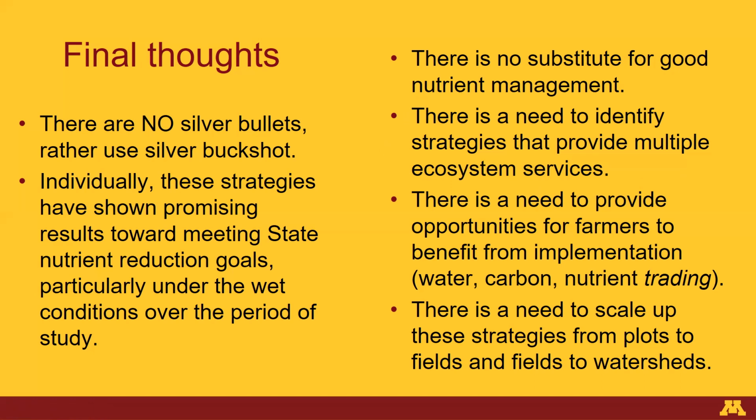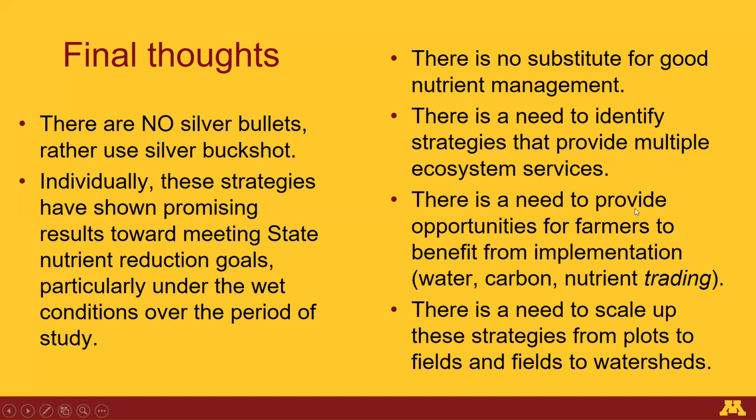There are other benefits on the landscape in those systems that can be realized. The same thing could be said with cover crops as a potential strategy. It's providing multiple services related to water quality, soil health, habitat, that kind of thing.